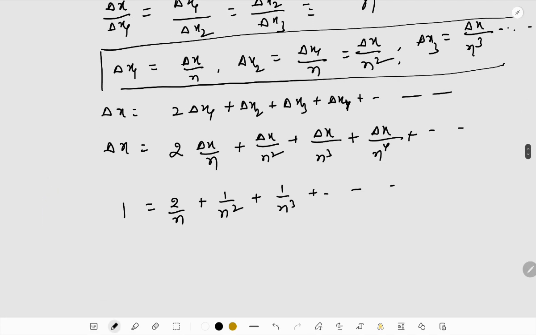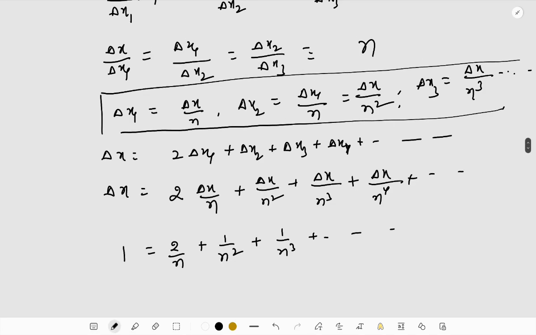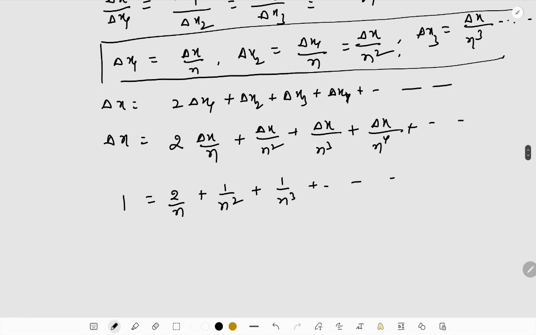So we can take this n to the left side, so that we can write n equals 2 plus 1 by n plus 1 by n square plus 1 by n cube, like this.